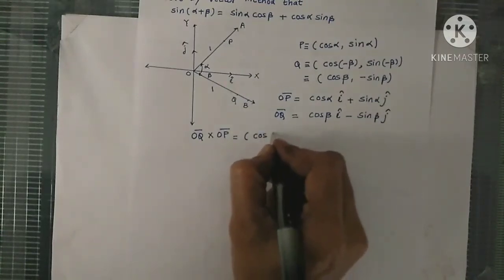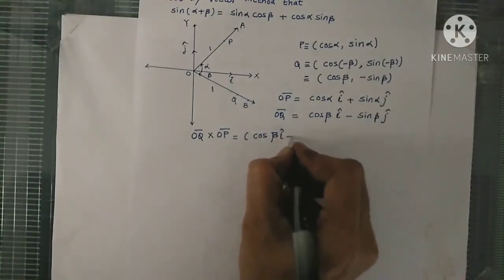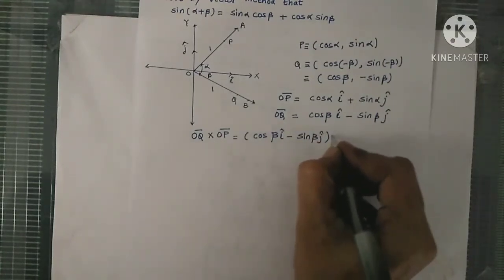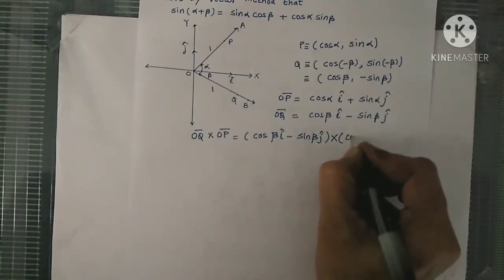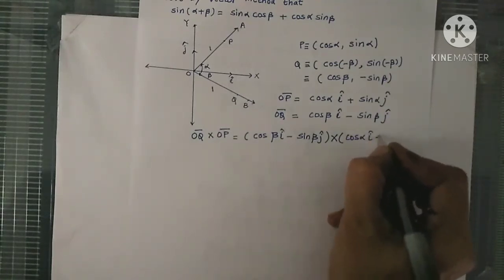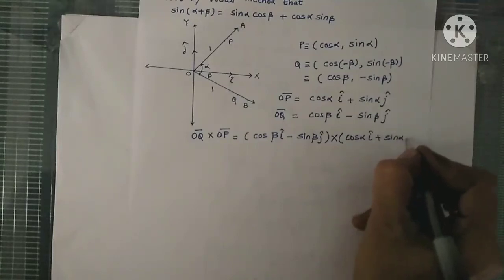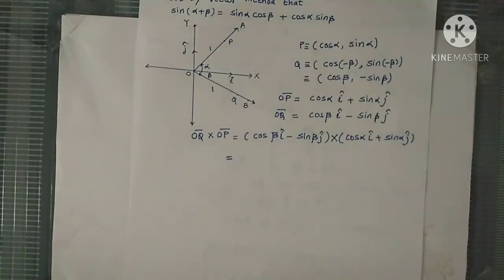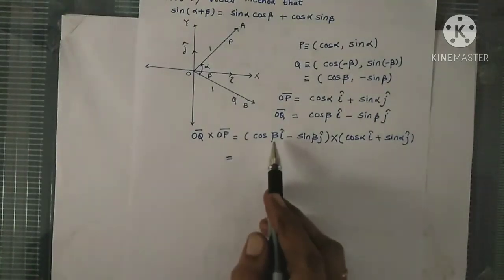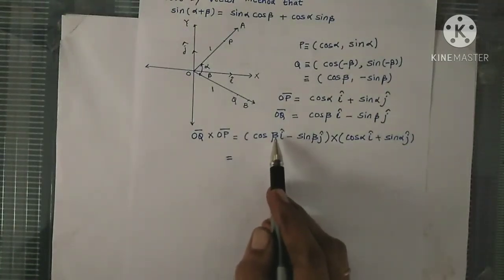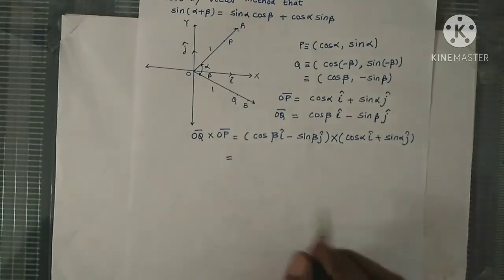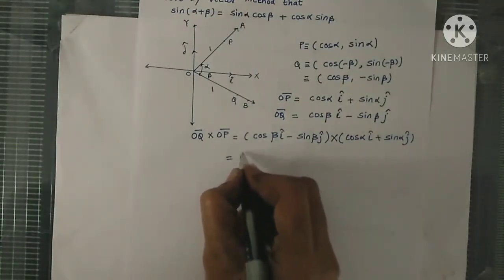So OQ bar is cos beta i cap minus sin beta j cap, cross OP bar, which is cos alpha i cap plus sin alpha j cap. Now cross product is distributive over vector addition. So considering this cross product, first term is cos beta i cross cos alpha i cap. But a bar cross a bar is 0 bar, therefore that term becomes 0 bar.